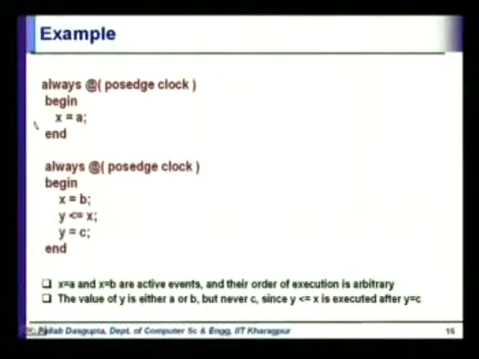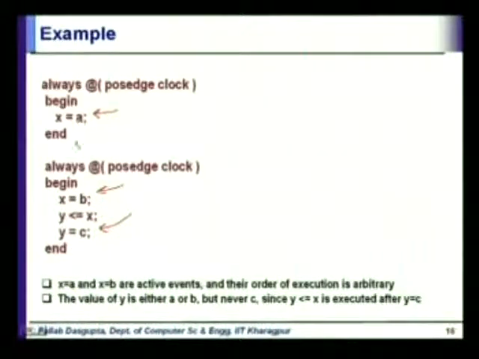Now let us see how the simulator is going to schedule these events. Whenever there is a passage of clock, it will first make this active, and similarly it will make this one active, and it will make this one active, right. Now the order in which they will be processed is that this and this can be processed in either order.